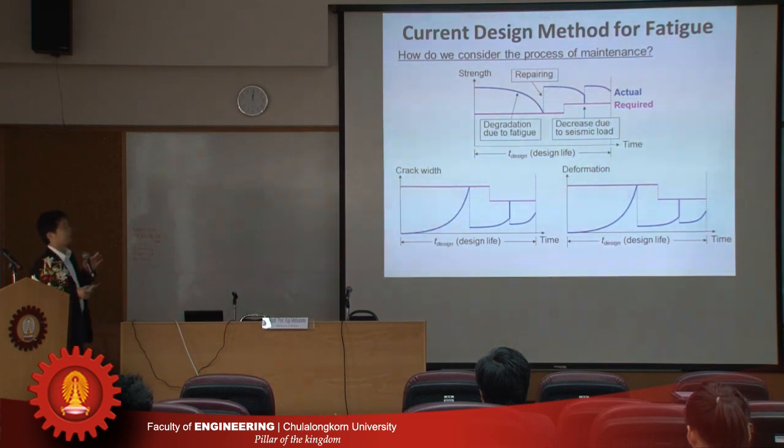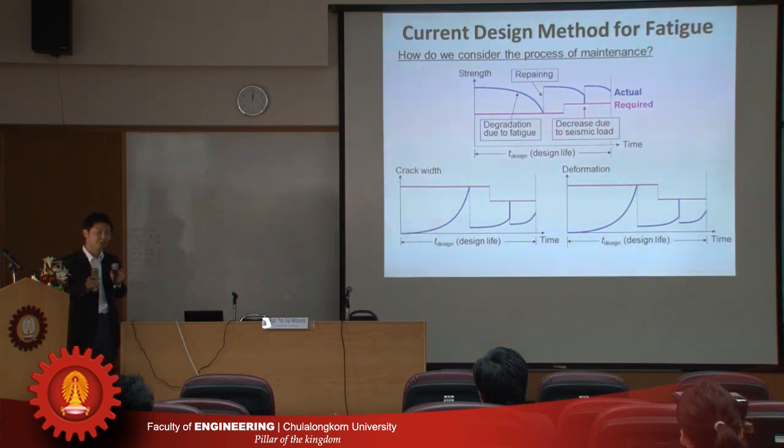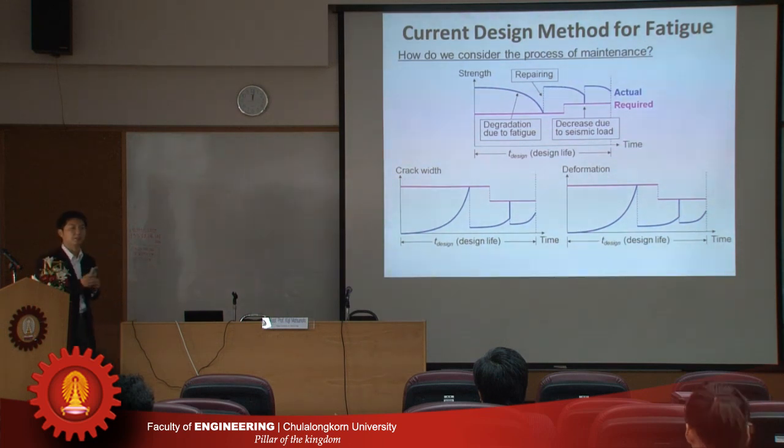Again, this is a concept of how we consider the process of maintenance of RC structures. As for the performance-based design concept, there are several kinds of structural performances. One of them is safety, and the strength can be one of the indices for safety verification.